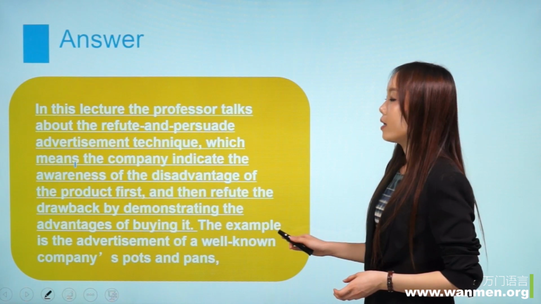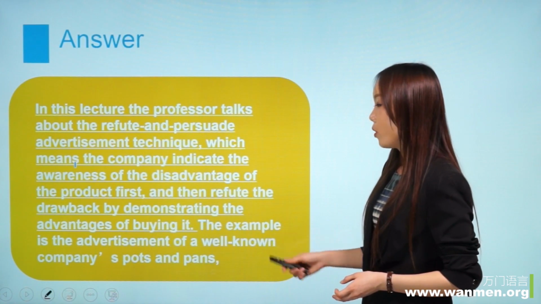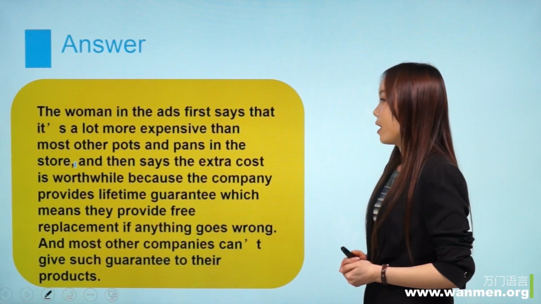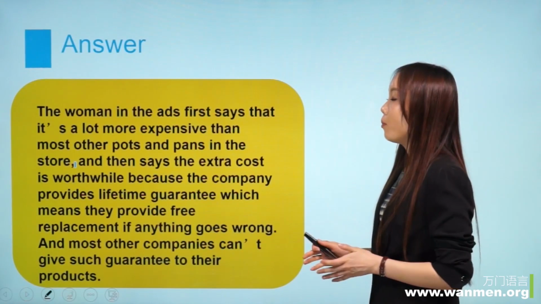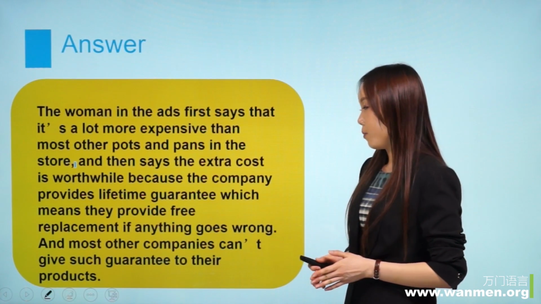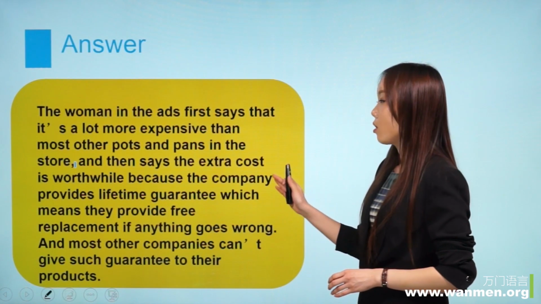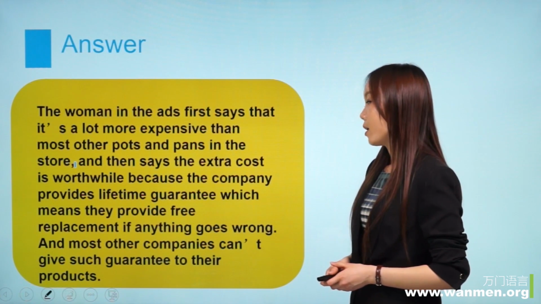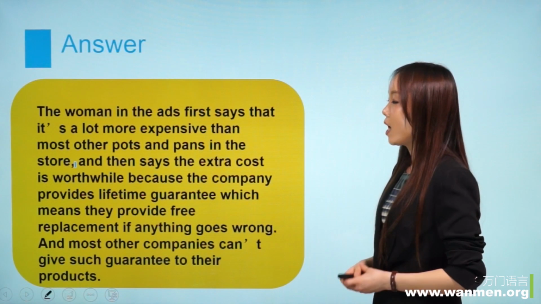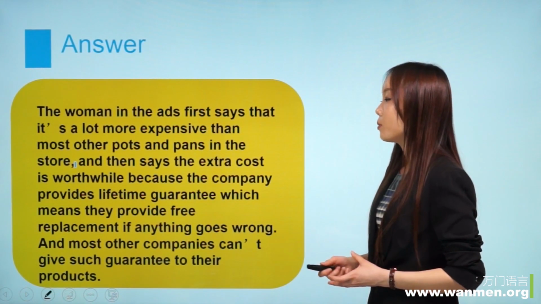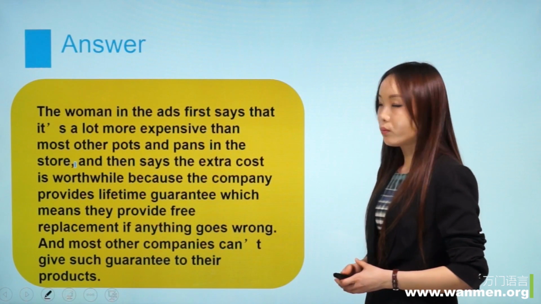The example is the advertisement of a well-known company's pots and pans. The woman in the ad first says that it is a lot more expensive than most other pots and pans in the store. And this says the extra cost is worthwhile because the company provides lifetime guarantee, which means they provide free replacement if anything goes wrong.